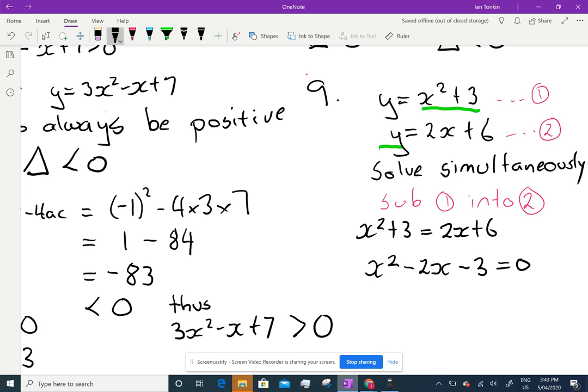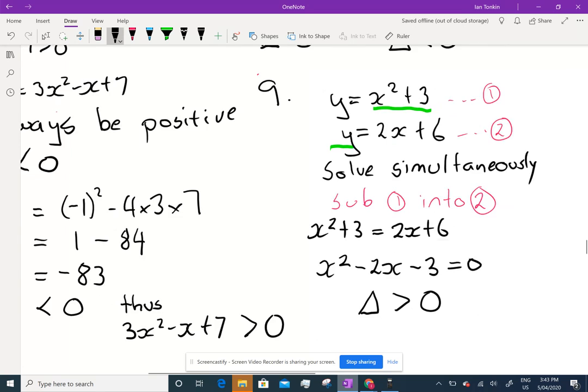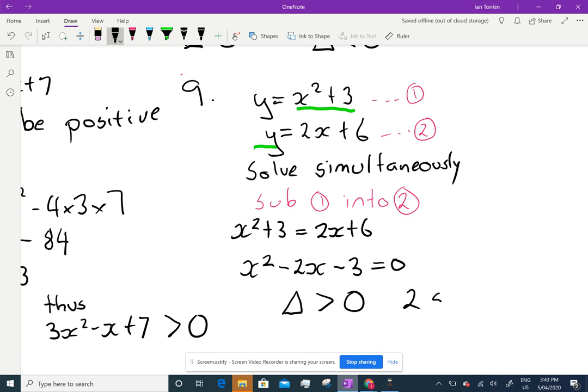Now, if it's going to touch it twice, that means that the discriminant has to be greater than 0. If it's equal to 0, it'll only touch it once, it'll be a tangent. So if the discriminant is a positive number, then there are 2 solutions. So it touches it twice.